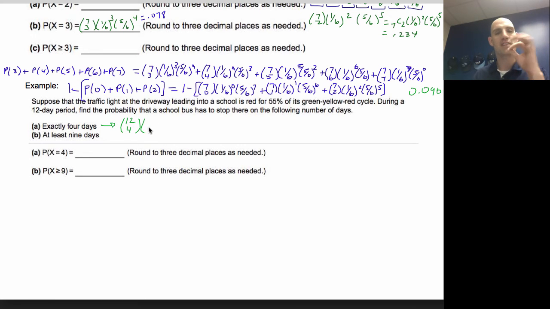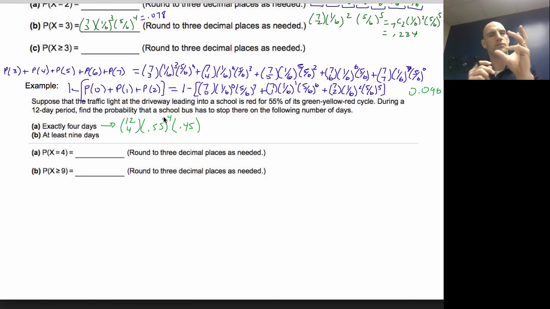And the probability that it's red is 0.55, and that's for 4 of the days. So these 4 days, it's 0.55. But the other part is 0.45, because that's the part that it's not red, not satisfying what I want. But on those, because it's exactly 4 days, the favorable event is that it's not red.